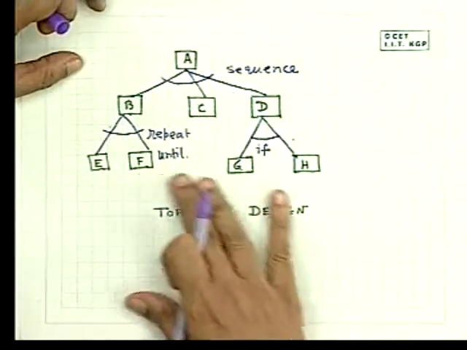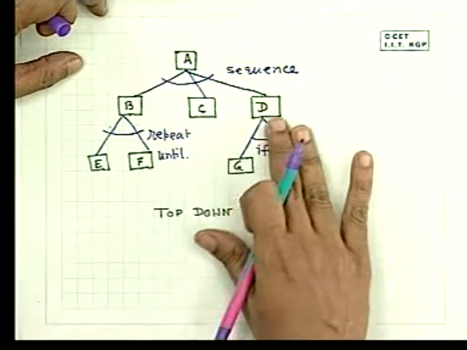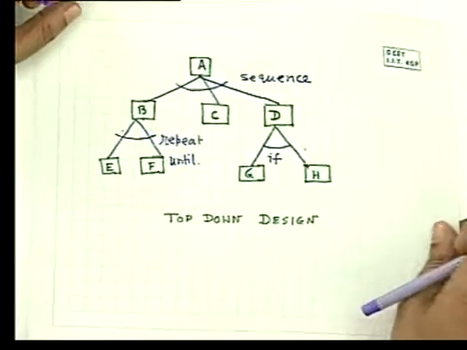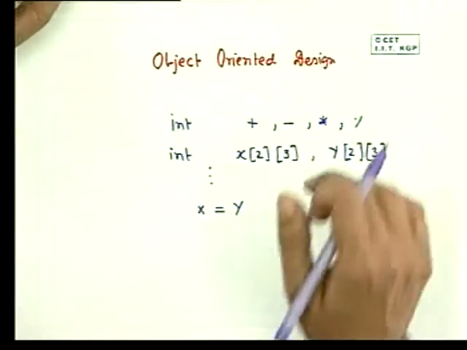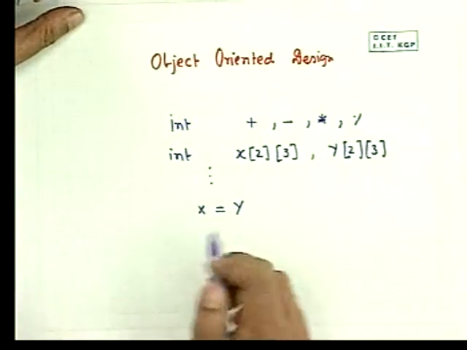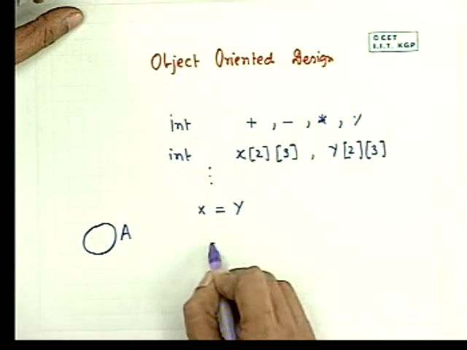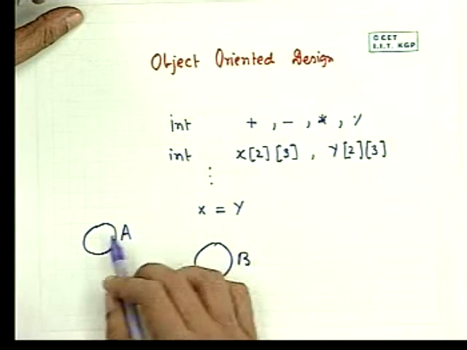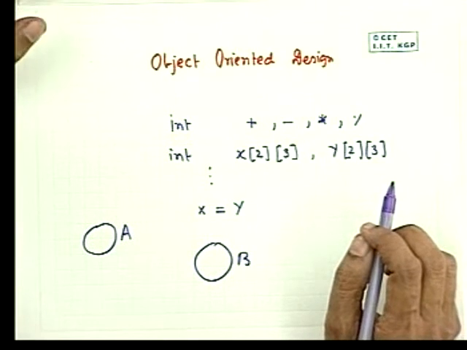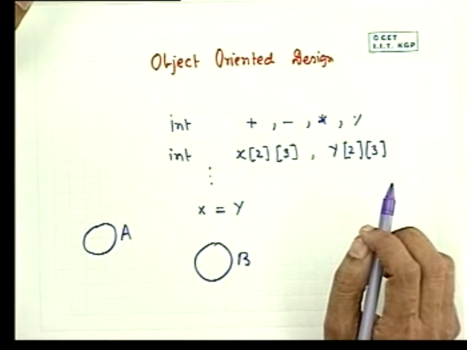So as opposed to the classical design, where you solve a complex problem in terms of the interconnections of smaller modules, we can think of object-oriented design as follows. We have several objects, say object A and object B, each capable of performing certain operations.